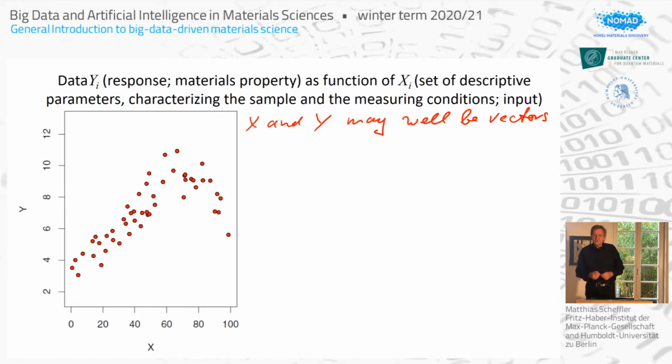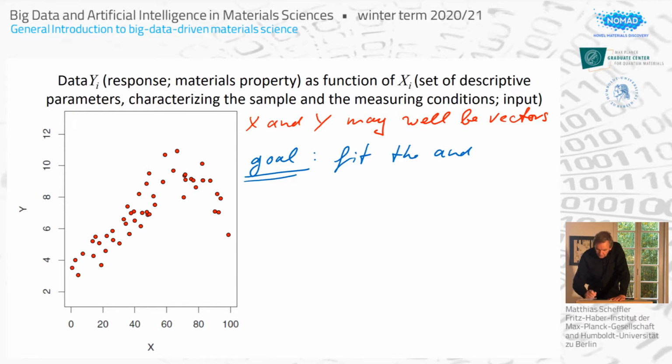So what is the goal which we want to achieve? Of course, we want to fit these data, but we have something in mind. The goal is to fit the data and possibly find the underlying truth.